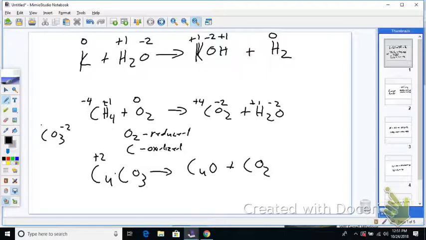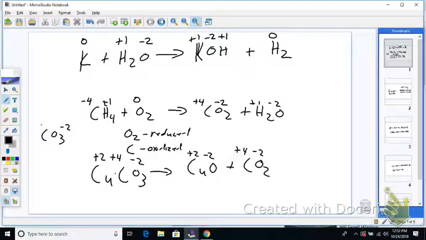And oxygen's a -2, right? So this carbon is a +4. Copper over here is a +2. Oxygen's a -2. Carbon +4. Oxygen a -2. Right, so this is not a redox reaction. This is just called a decomposition reaction and nothing changes. So there's no exchange of electrons.